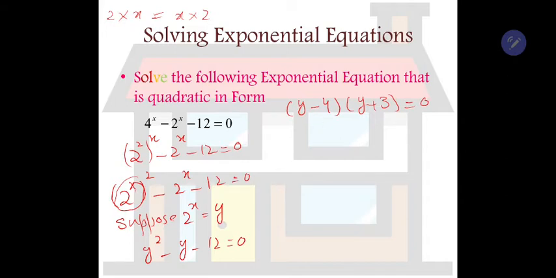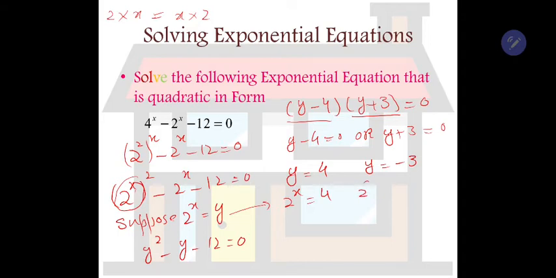So two numbers multiplying and the answer is 0, which means either this number is 0 or this number is 0. And from here we can find out y equals 4 and y equals negative 3. Now originally y was 2 to the power x, so I'm going to go back: 2 to the power x equals 4 and 2 to the power x equals negative 3.